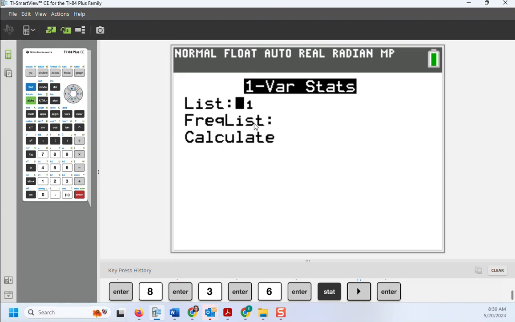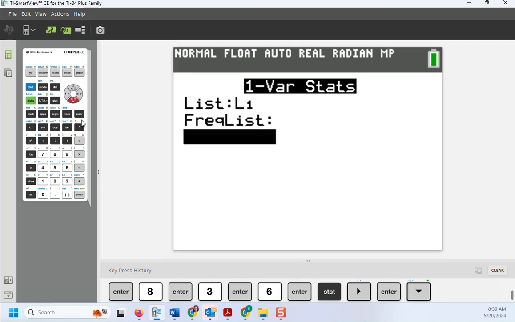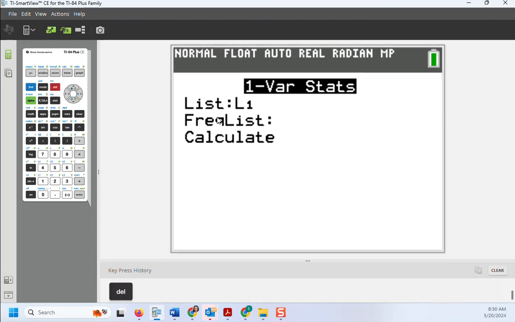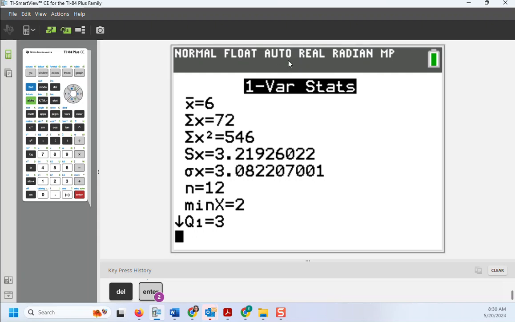We don't have a frequency list in this. We don't use that in this course, okay? So list 1 is going to be where you put your data. You should have nothing in the frequency list. So if you have something there, just delete it. Oops, sorry. Go back up. Okay? So it should say L1 and then nothing and then nothing. So after you have that, you can press Enter, Enter, and it gives you all this stuff.